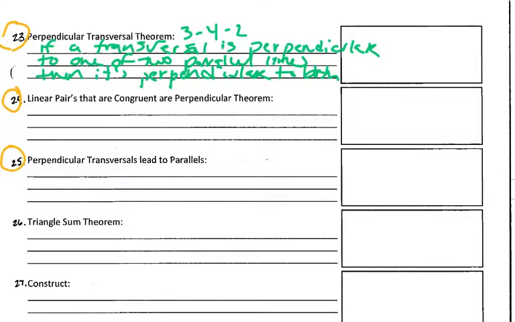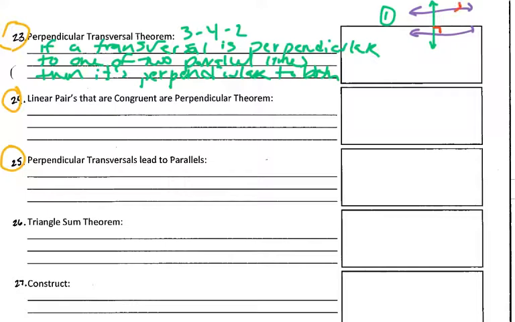So again, the idea here is that we have this first piece where we have two parallel lines, and the fact that the transversal meets one of the parallel lines at 90 degrees.